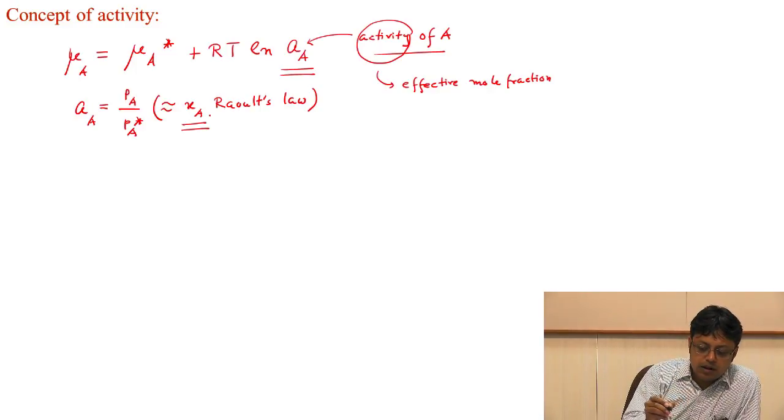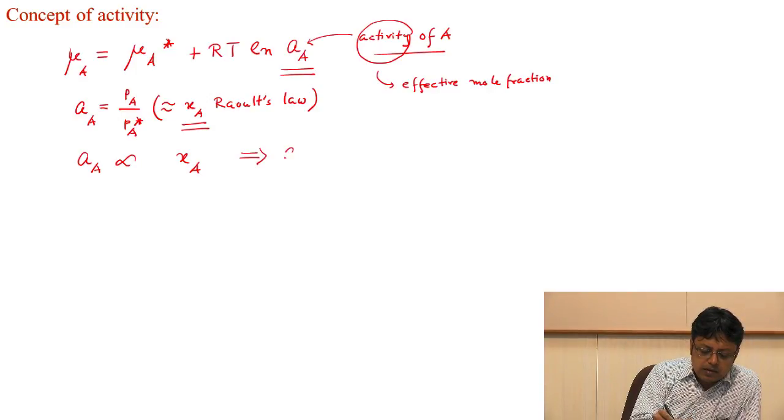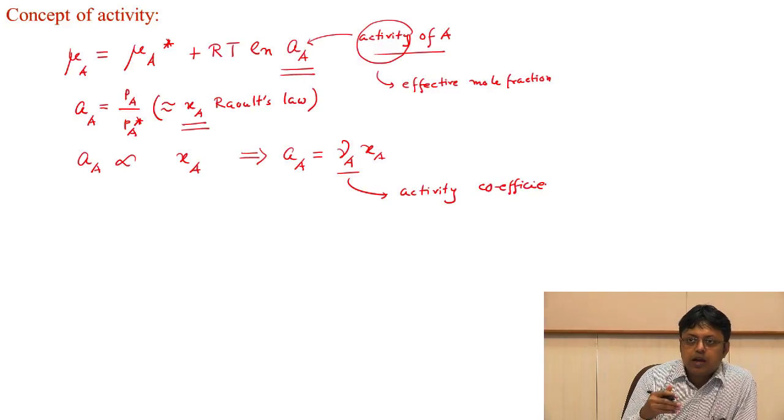And so this activity can be thought of as an effective mole fraction, and we can always write that the activity is proportional to the mole fraction, and this proportionality constant we write as a Greek letter gamma, and we call this gamma the activity coefficient. So gamma is known as the activity coefficient, and of course you can see that for Raoult's law to be valid, gamma should be equal to 1.